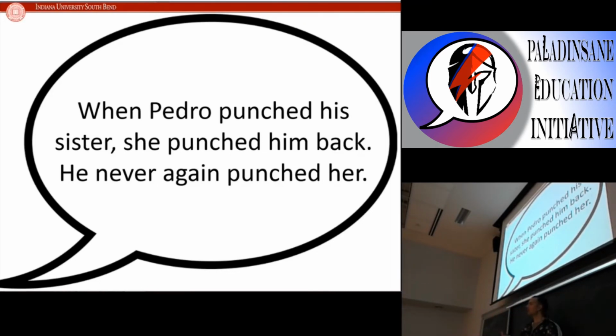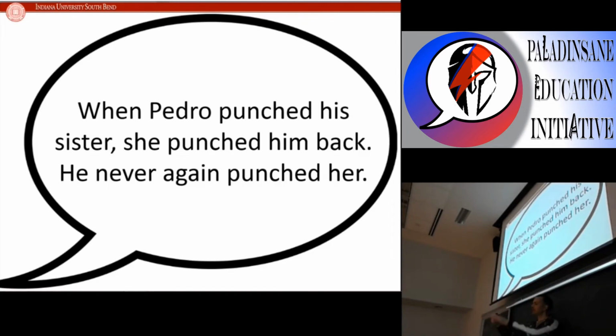In her world, from her point of view, punching was part of her environment, right? Pedro started punching her. As a result of that, she had a behavior, she punched him back. And because she punched him back, the punching stopped. So while Pedro is on a positive punishment contingency, his sister had a behavior, she punched Pedro.